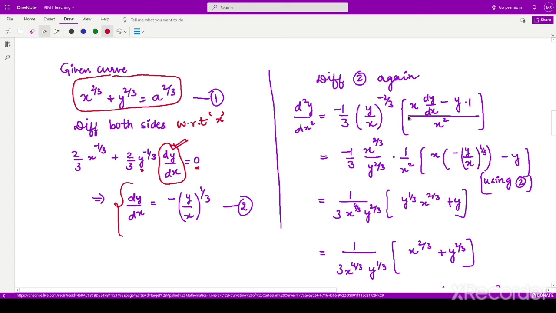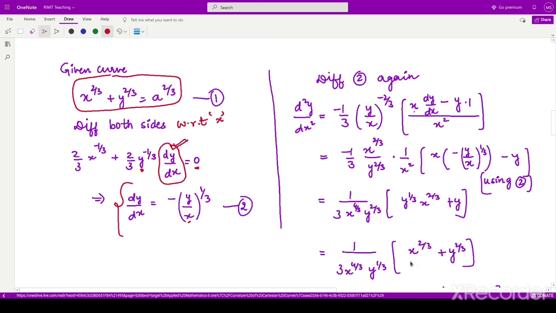Here we will apply the quotient rule. Firstly we write x square in the denominator, then x as such times the derivative of the numerator, minus the numerator as such times the derivative of the denominator. You can simplify these terms. I hope you can do the calculation part. So finally you would have something like this.